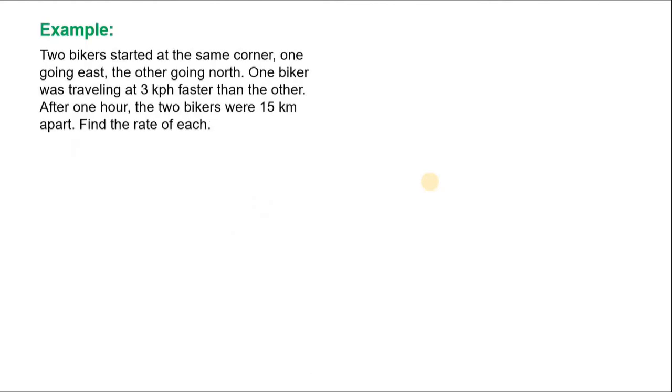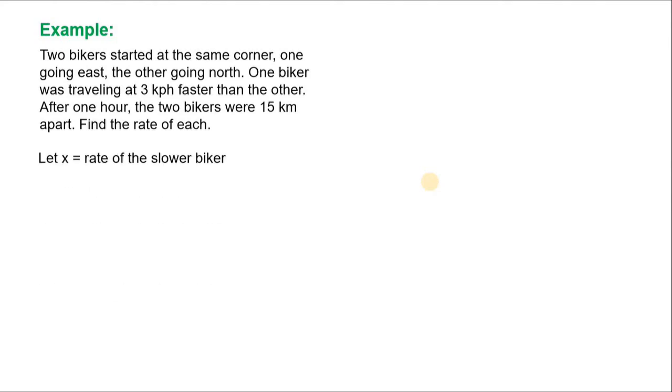Another example. Two bikers started at the same corner, one going east and the other going north. One biker was traveling at 3 km per hour faster than the other. After 1 hour, the two bikers were 15 km apart. So we're going to find the rate of each biker.